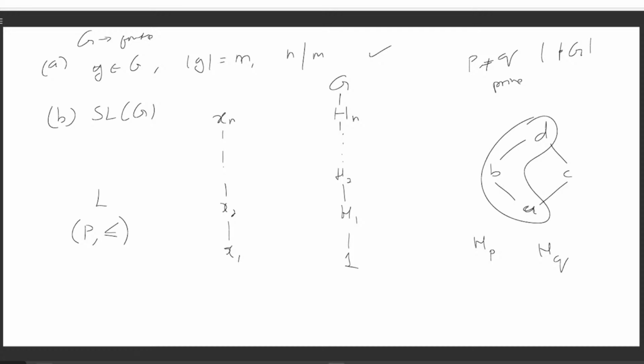Can either of them be contained in the other? No, so this cannot happen. Therefore, this group is of prime power order. That is true. Then what? How does it make it cyclic?